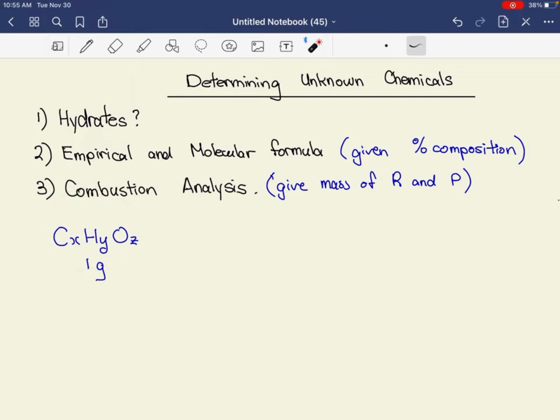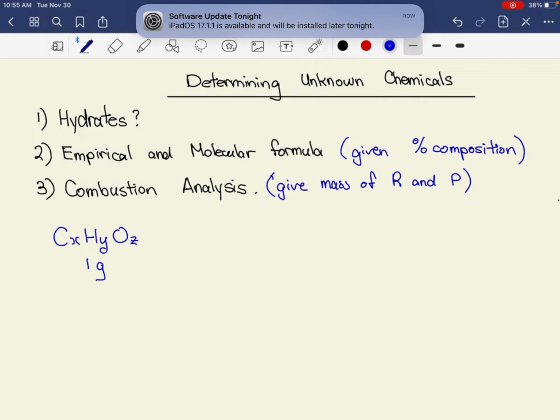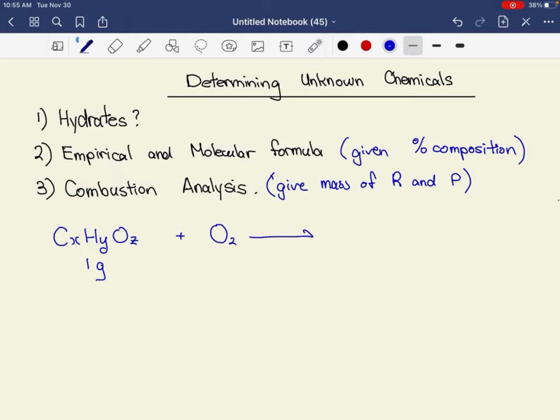So I need to know what's X, what's Y, and what's Z. So I took 1 gram of this fuel. It doesn't always have to be fuel. This could easily be sugar. But sugar is a fuel. This could also be alcohol. I mean, alcohol can be a fuel too. So when you're combusting, you're reacting with oxygen. Since this is an organic fuel, what you're going to get out of this is carbon dioxide and water. A simple, complete combustion reaction.